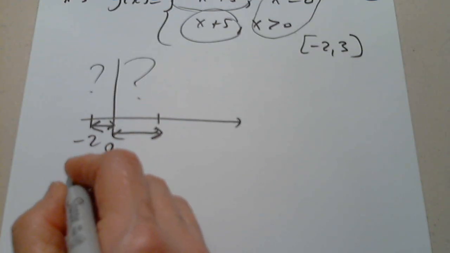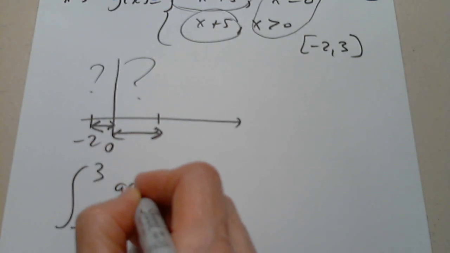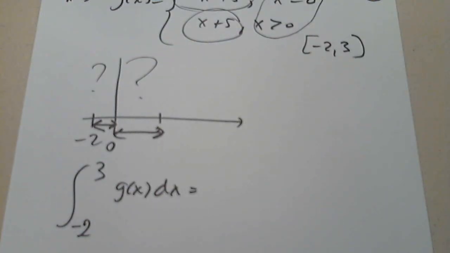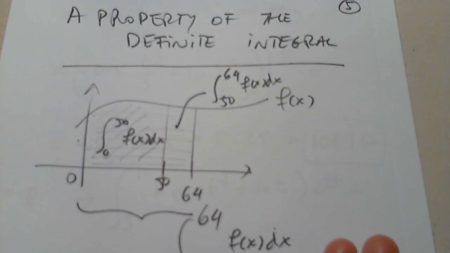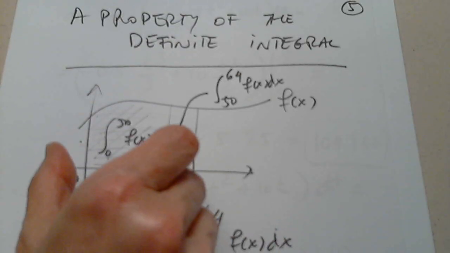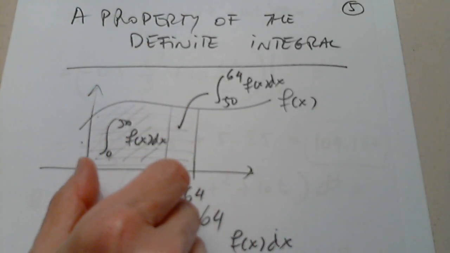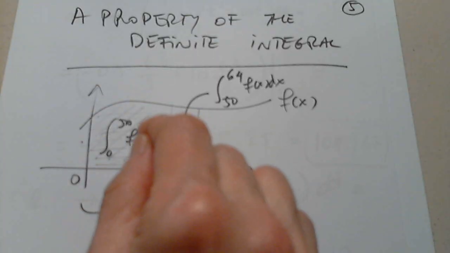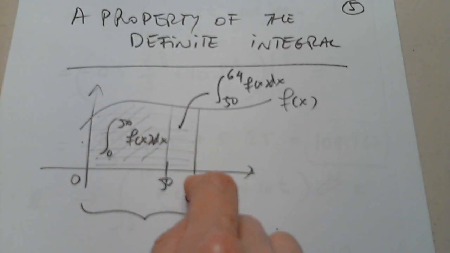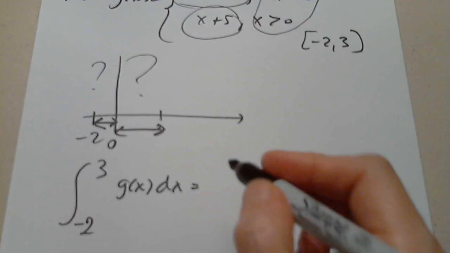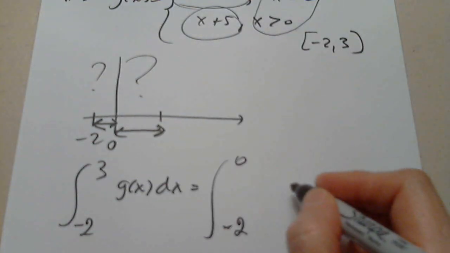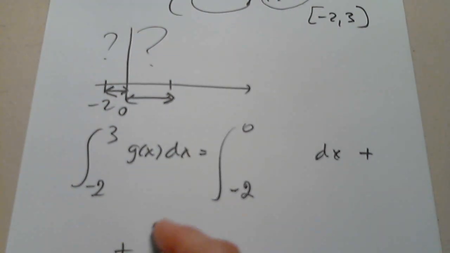So the integral from -2 to 3 of g of x dx, and we are going to use, I'm just going back, this property. In our example, we have the integral from -2 to 0 of this function dx plus the integral from 0 to 3 of this function dx.